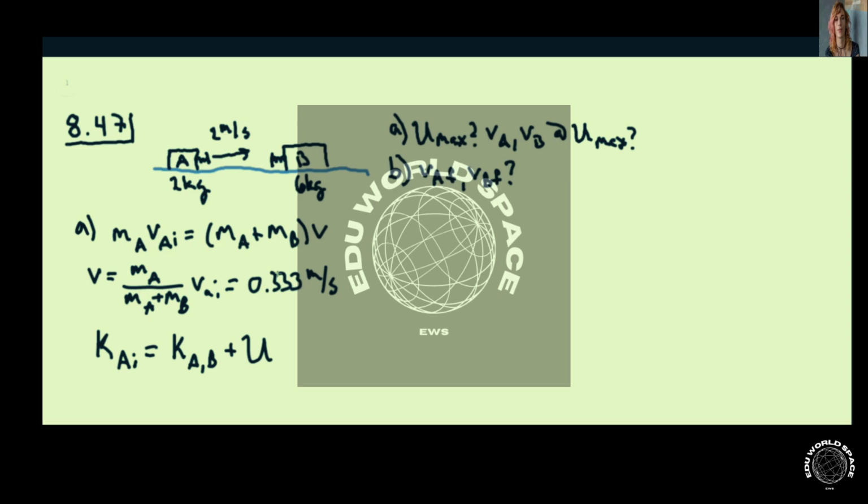So now we know how fast the combined A and B are moving. We know this initial speed, of course, because it's part of the setup of the problem. And so the potential energy is just the difference in the two, because that's where the energy has to have gone.